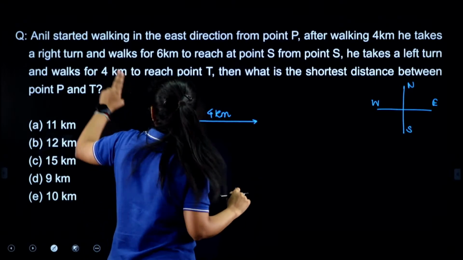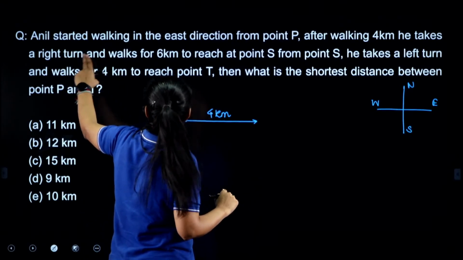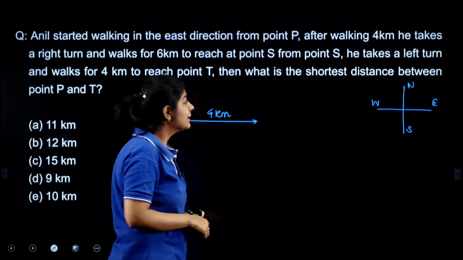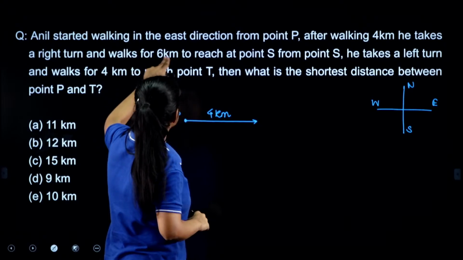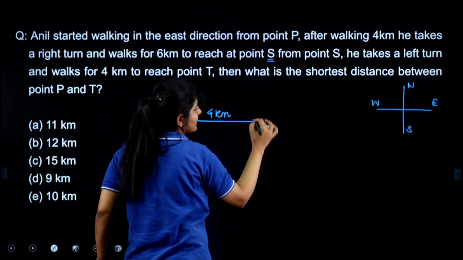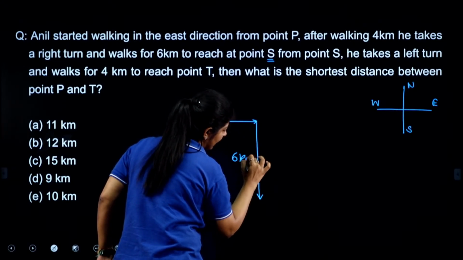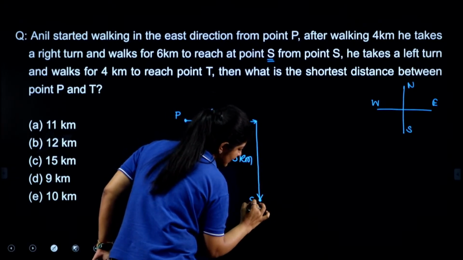Next, he takes a right turn, that means in the clockwise direction. That means he starts walking in the south direction now and walks for 6 kilometers to reach point S. So, this is 6 kilometers and he reached point S, right.